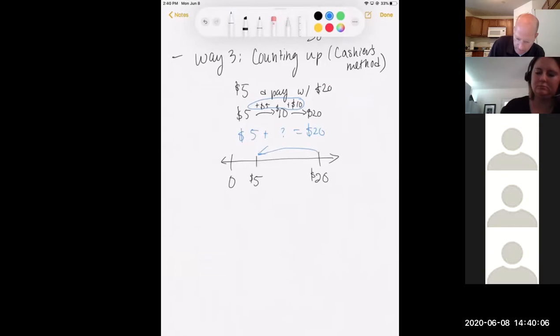I'm starting with my $5 and seeing how much it takes to get up to 20. I stopped at $10 along the way. So $5 plus $5 gives me $10, and $10 plus $10 is 20. Now that you get the idea of the cashier's method, let's do it with our problem example.